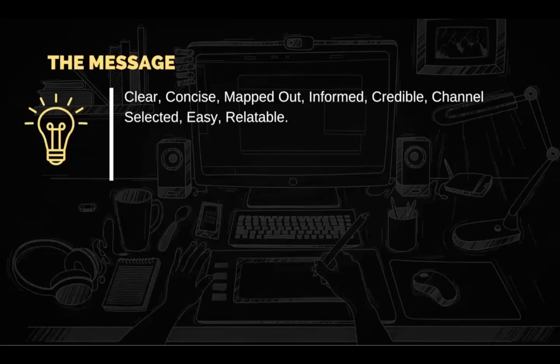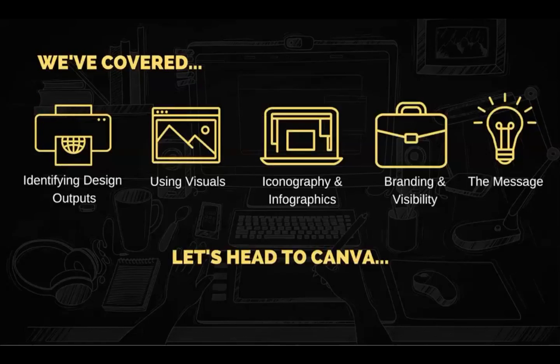So in a nutshell, what we've covered is identifying the necessary design outputs and dissecting what your project and program goals are and what outputs you need to communicate with the specific audience.